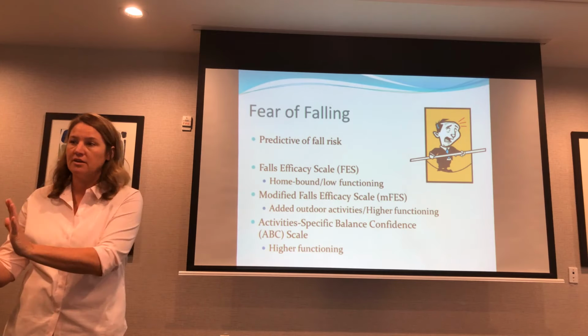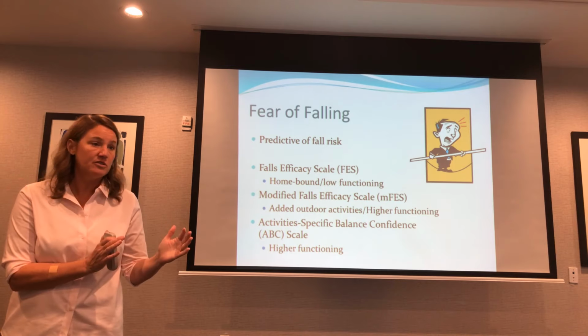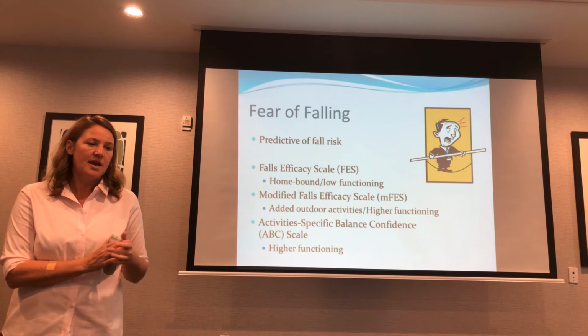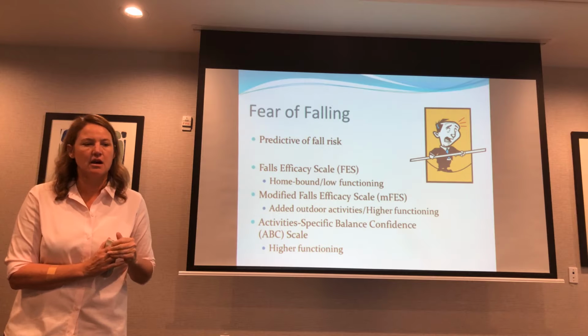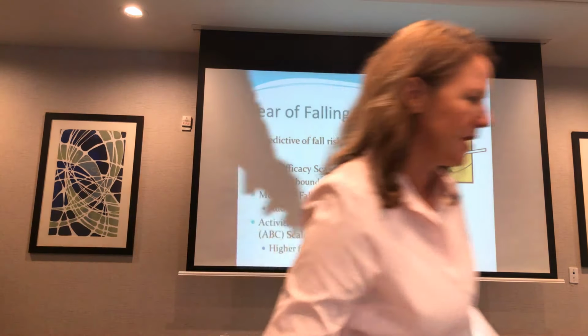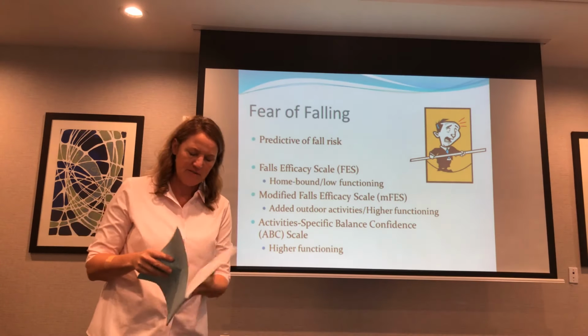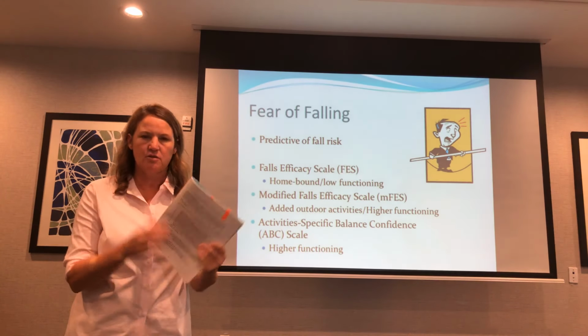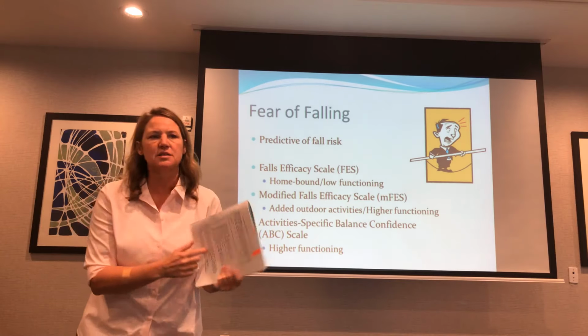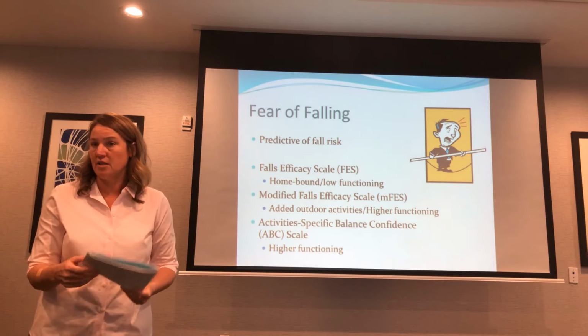You can do your regular standardized test, but you can also do a fear standardized assessment. I have the ABC one here in my book. I'll just read you a few of them. So the activity-specific balance confidence scale, you grade from 0% to 100%. So you basically ask the patient, how confident are you that you can do the following things?